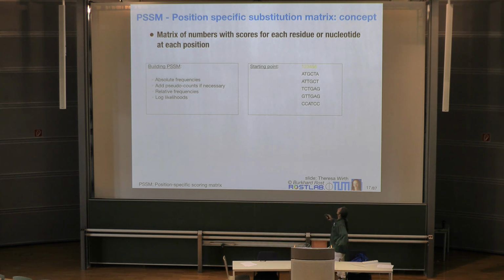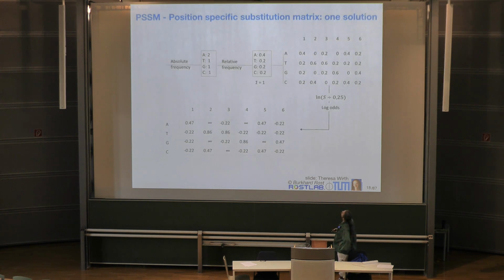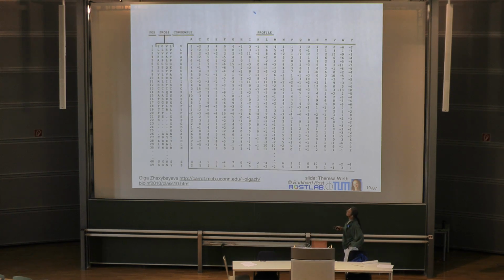And the way you compute a profile, you start with a bunch of aligned sequences. You compute the log odds of this here. I mean, first you do the counts, then you do the log odds. So essentially you normalize by the background probability: how often are you going to see any of these amino acids by chance at that position? That gives you the log odds. And the log odds you then convert into a profile shown here.